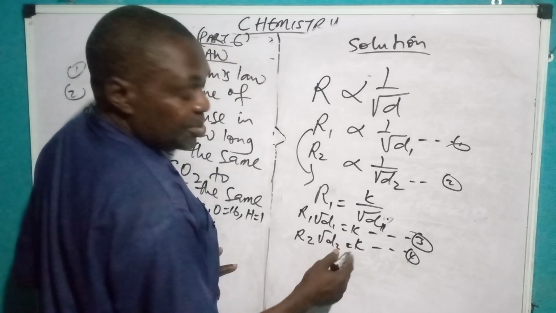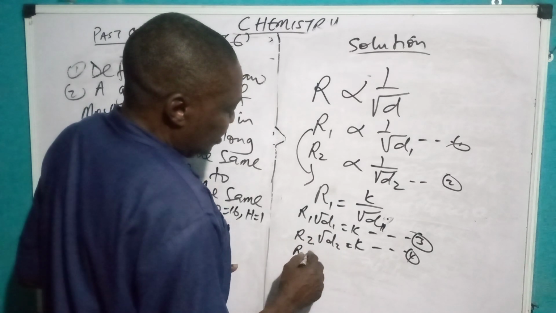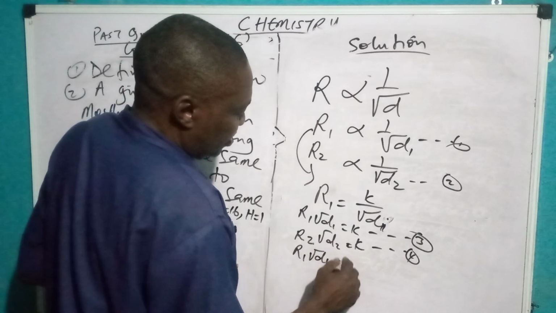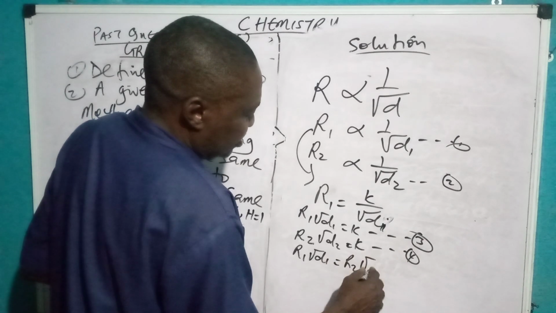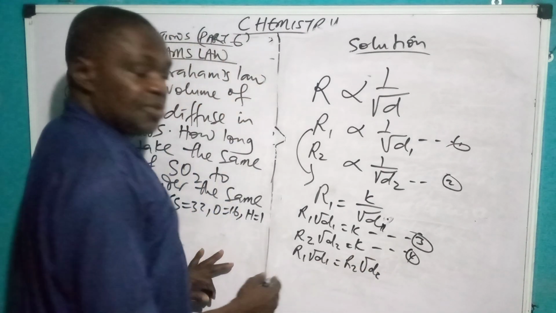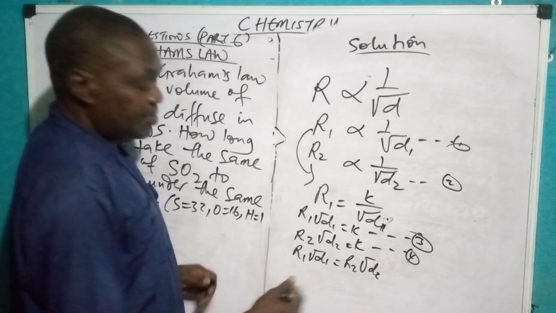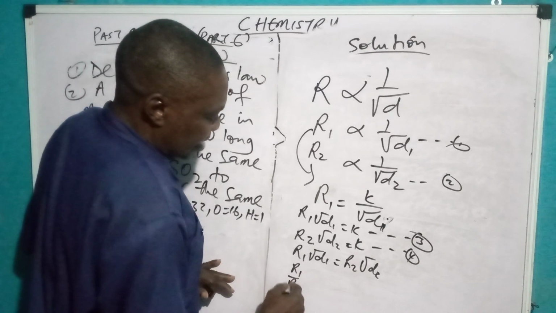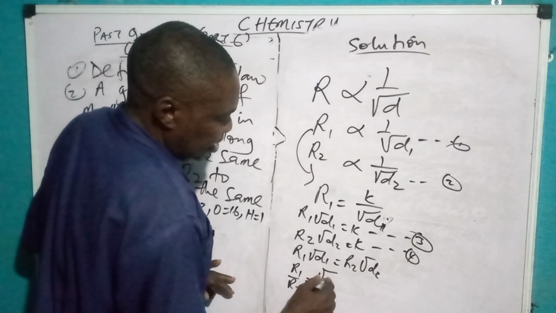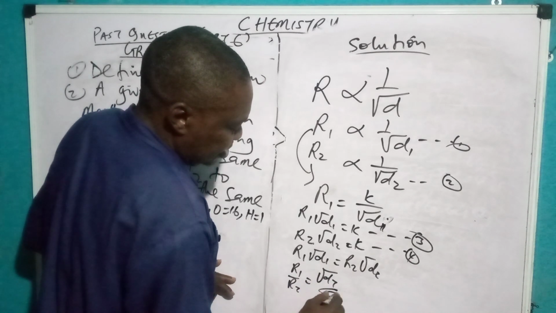So you have k on both sides, and you can say rate 1 times square root d1 equals rate 2 times square root d2. So you make rate the subject of formula, just collect like terms: rate 1 over rate 2 equals square root d2 over square root d1.